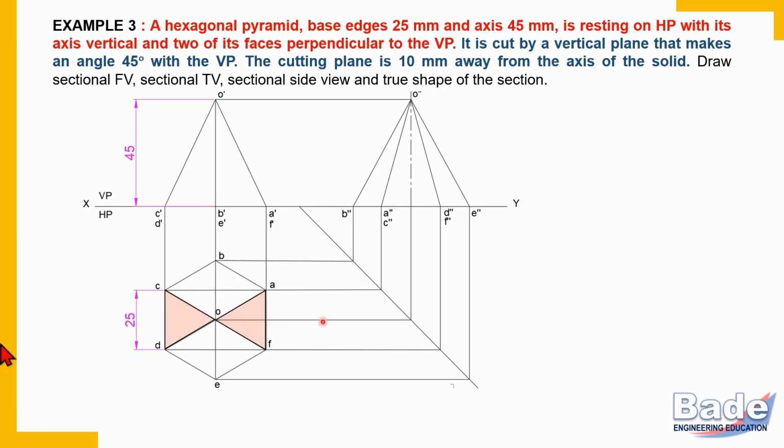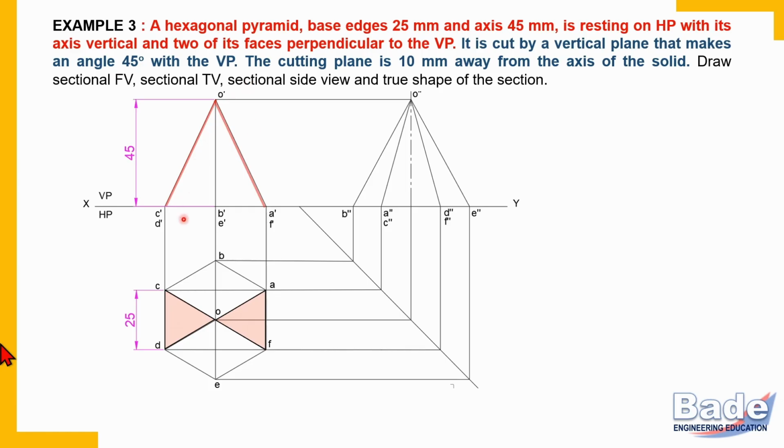These two triangular faces are perpendicular to VP. Remember, if a surface is perpendicular to VP, then it should appear a line in the front view. Now, where is that surface OAF in the front view? So O dash, A dash, F dash. Watch here. It is a single line. So that means these two faces appear a line in the front view. And therefore, these two faces are perpendicular to VP.